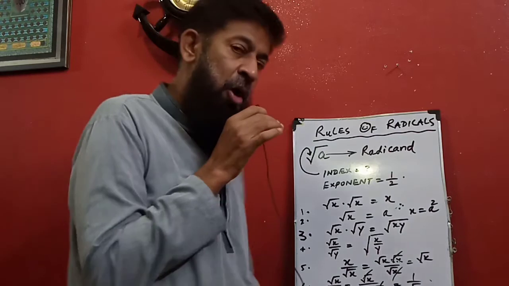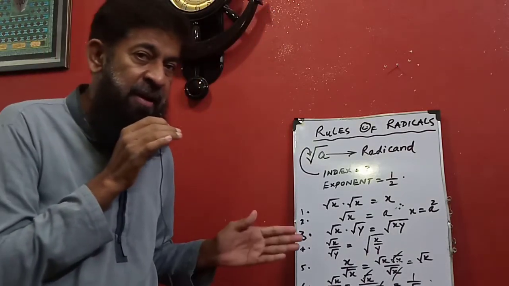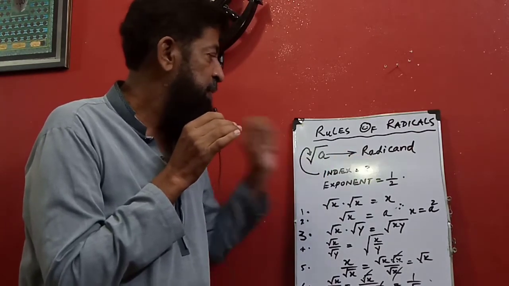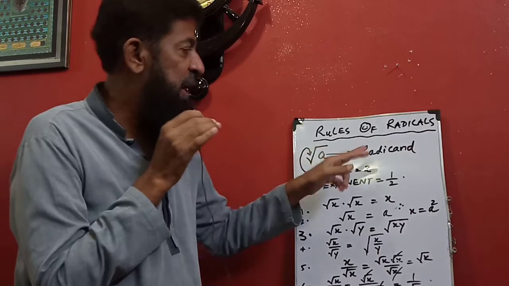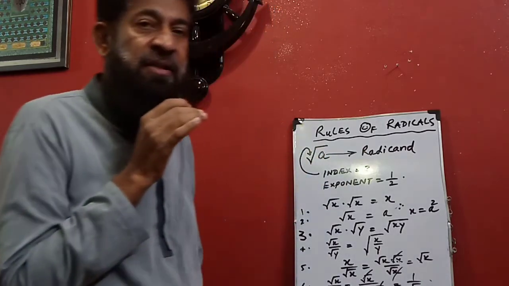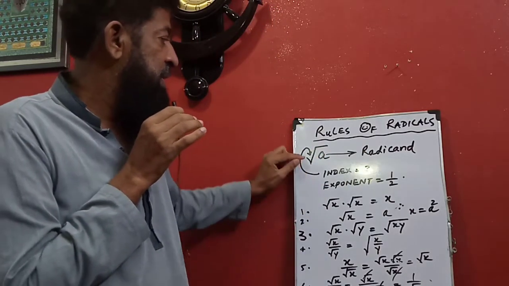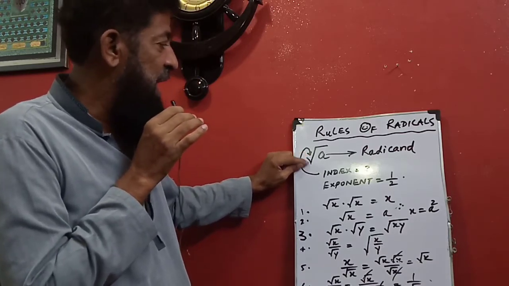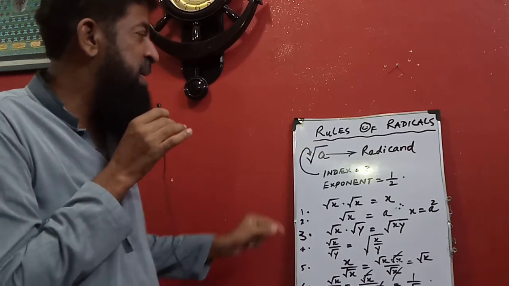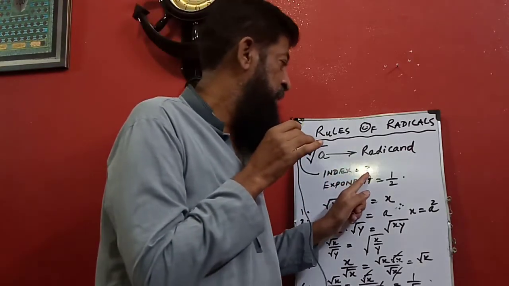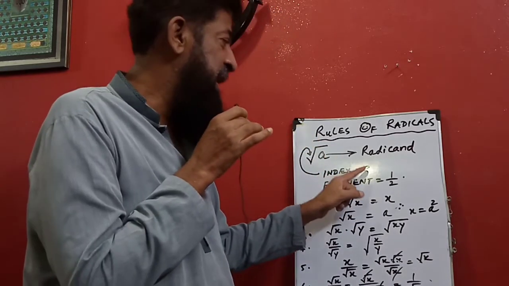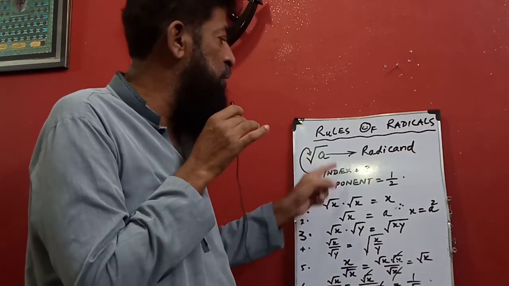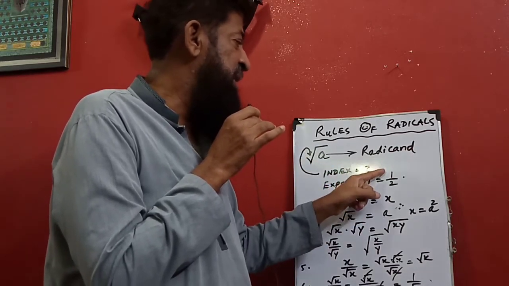I think all of you understand the number inside the radical sign is called the radicand, or terms inside the radical are known as the radicand. If the number is not present under the radical sign, that means it has 2, and this 2 is known as the index, and this index is changed into the exponent, it comes as 1 upon 2.